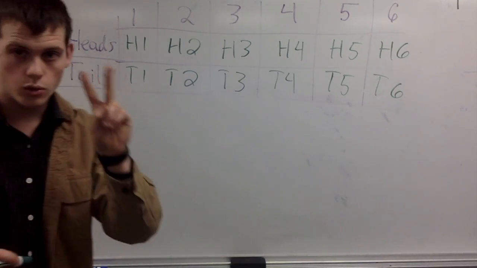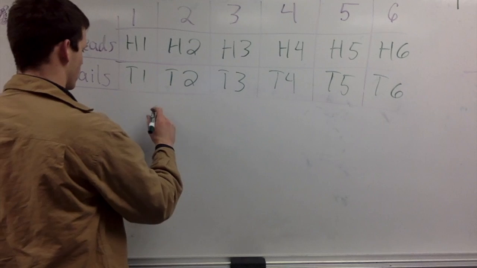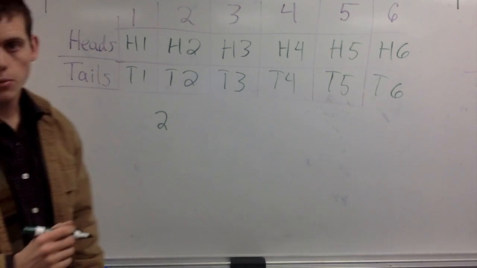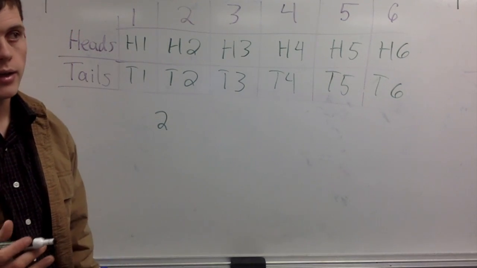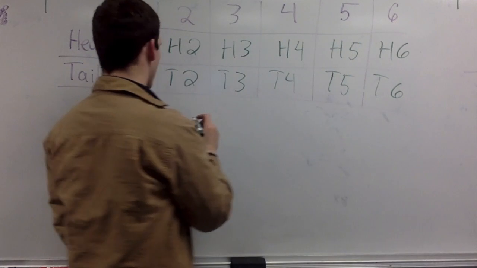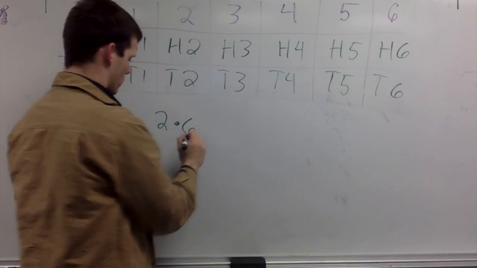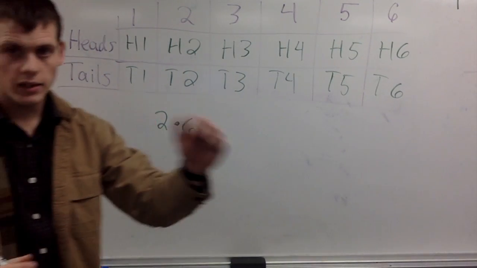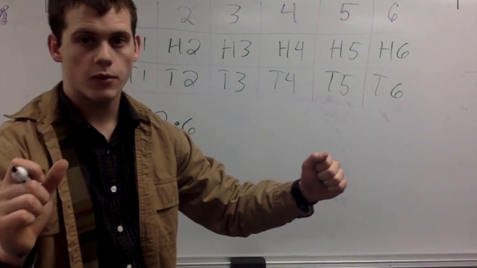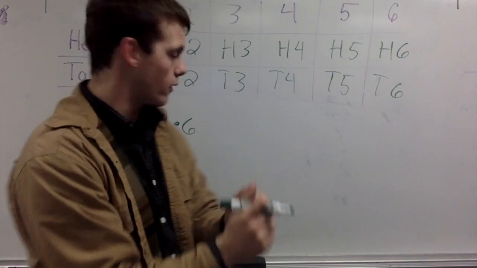Heads and tails, so 2 options. How many different options are there on a die or dice? 6 different options for that. So it's the amount of times something can happen for one, and the amount of times something can happen for the other, and we multiply them together.